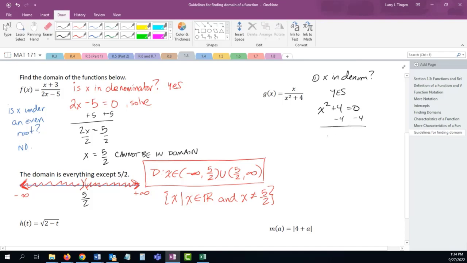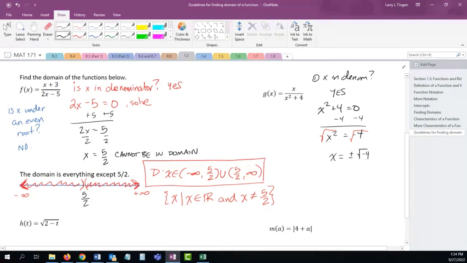Subtract 4 from both sides. x squared is equal to -4. I'm going to use the square root property. And now I have x is equal to positive and negative square root of -4.